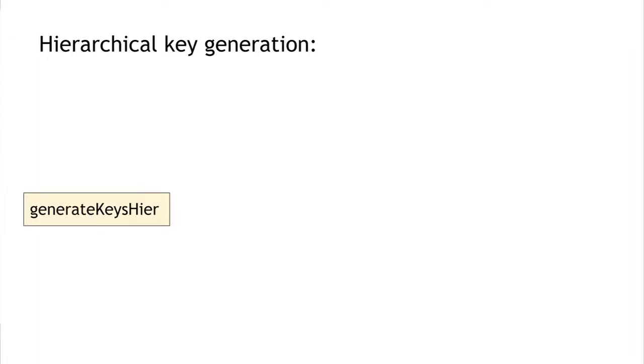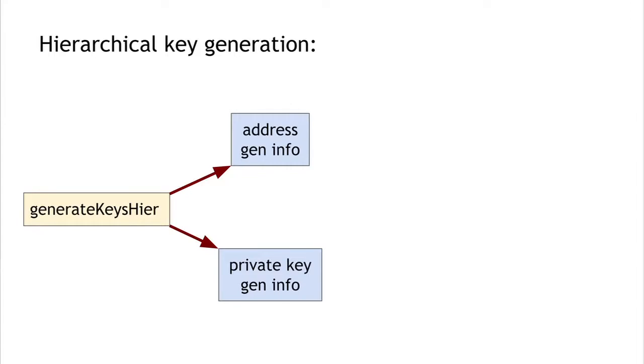Rather than just doing generate keys, we do a hierarchical key generation operation. And this generates two things. It generates, rather than an address, what we'll call address generation info. And rather than generating a private key, it generates what we'll call private key generation info. And now we can take this information and generate multiple keys. For example, given the address generation info, we can apply a gen address operation and give it the address generation info and some integer i.